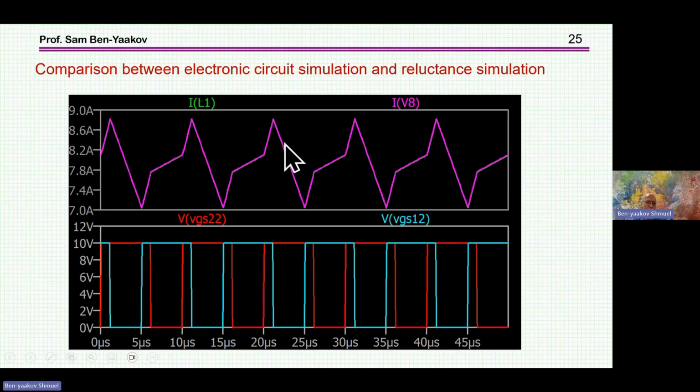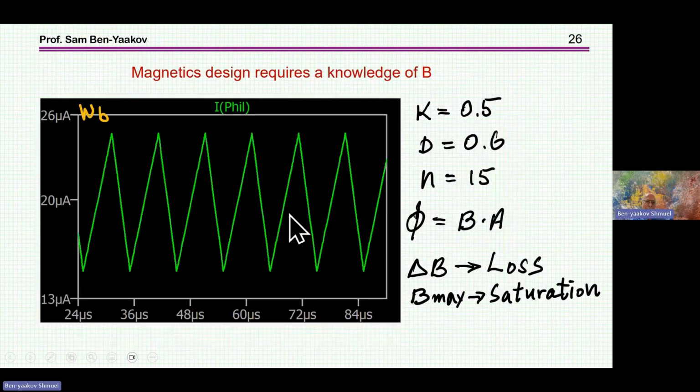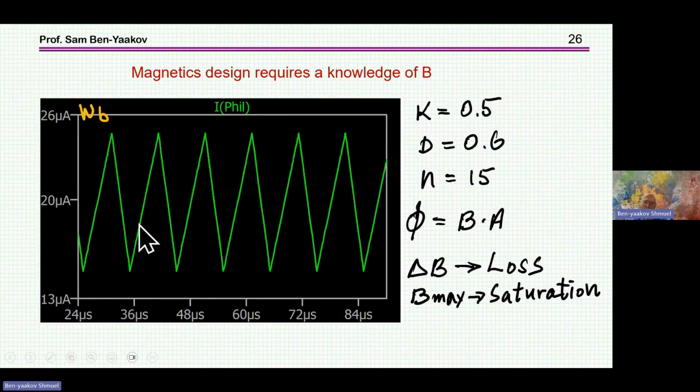I need it because if I run it now like this, I can get information which is not available in the electrical domain, like the flux. For example, I can see what is the flux in a given part of this structure. And if I know what is the flux, magnetic flux density is flux over area.